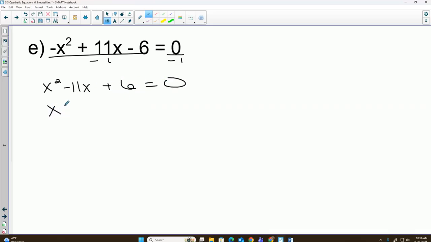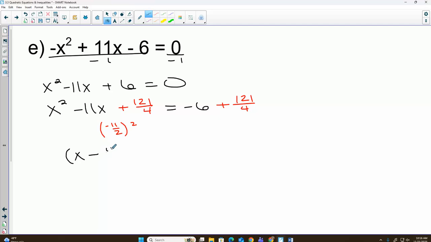And then move over to 6. So middle term is -11 divided by 2 squared gives us 121/4. Okay, what does this factor into? Okay, and then over here, -6 plus 121/4.